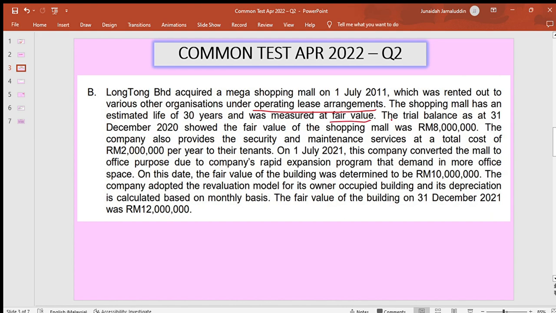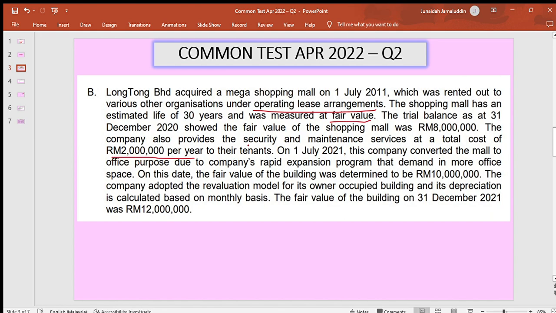The trial balance at 31st December 2020 showed the fair value of the shopping mall was 8 million, right? So the fair value of the property on 31st December 2020 is also given. And then the company also provides the security and maintenance service at a total cost of 2 million per year for the tenants.